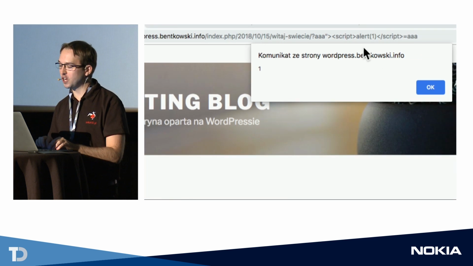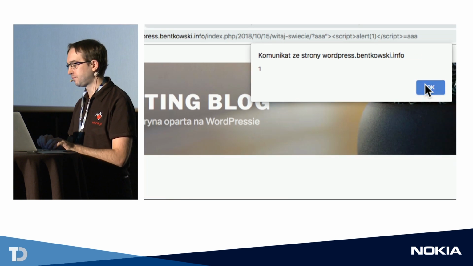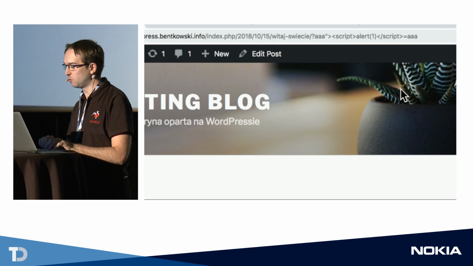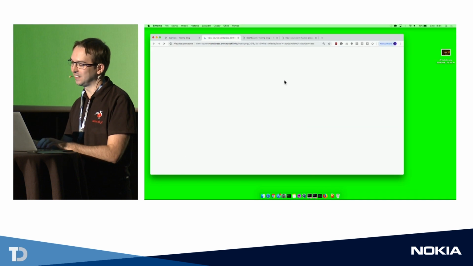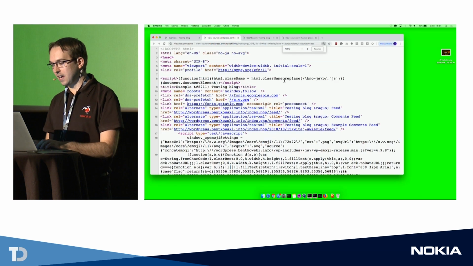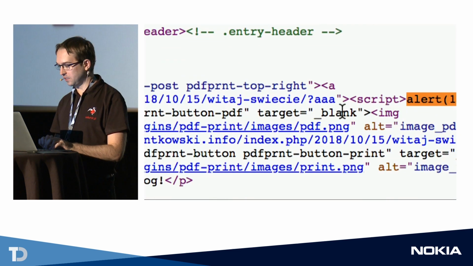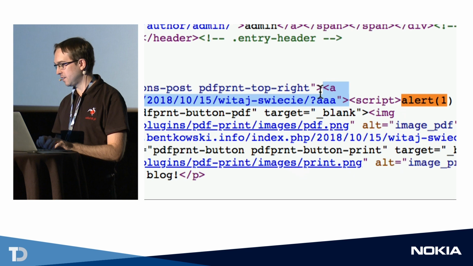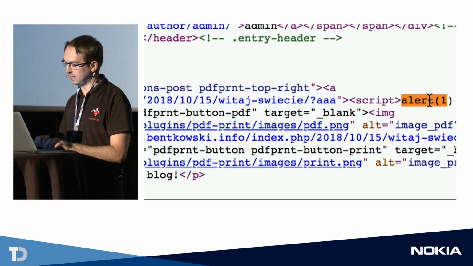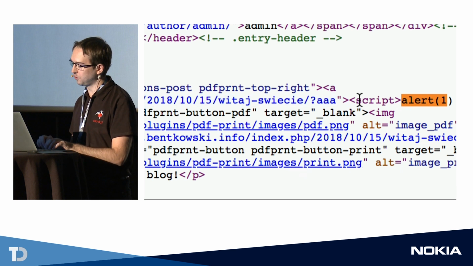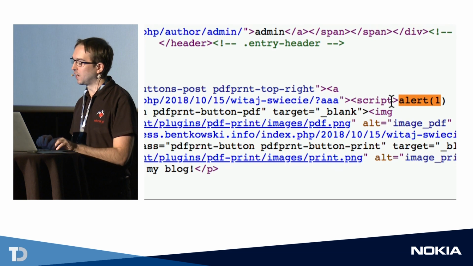After refreshing, we get the alert(1). Actually, we get it twice, because it is reflected twice in the HTML. When we have a look at the source, we can clearly see that there is some part of the HTML in which the request parameter was reflected.